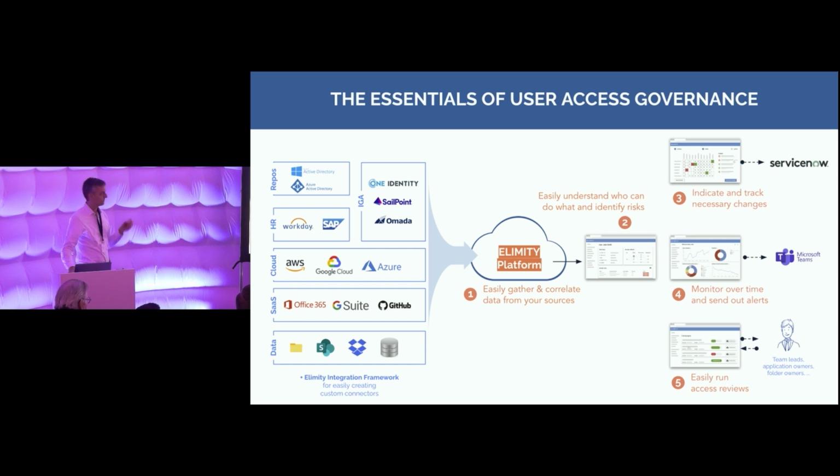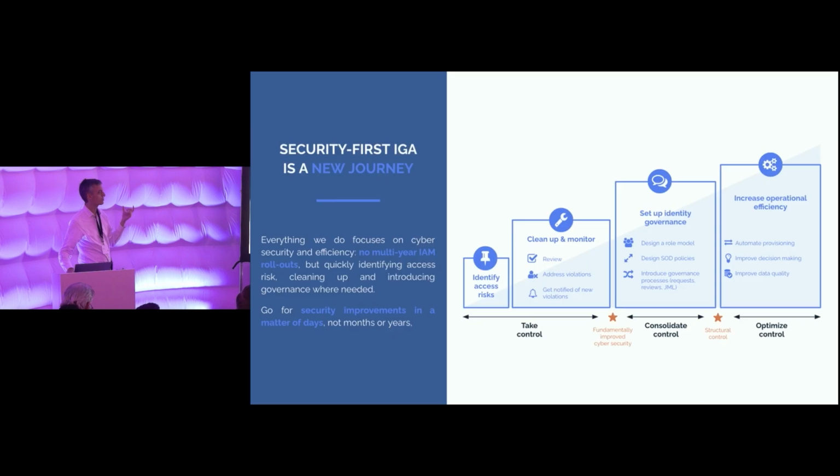And so this approach, this line of thinking, turns around the traditional IGA journey where you start with designing role models and setting up very expensive connectors to many different systems and distributing ownership throughout your organization, but instead you focus on where your actual cybersecurity risk is.